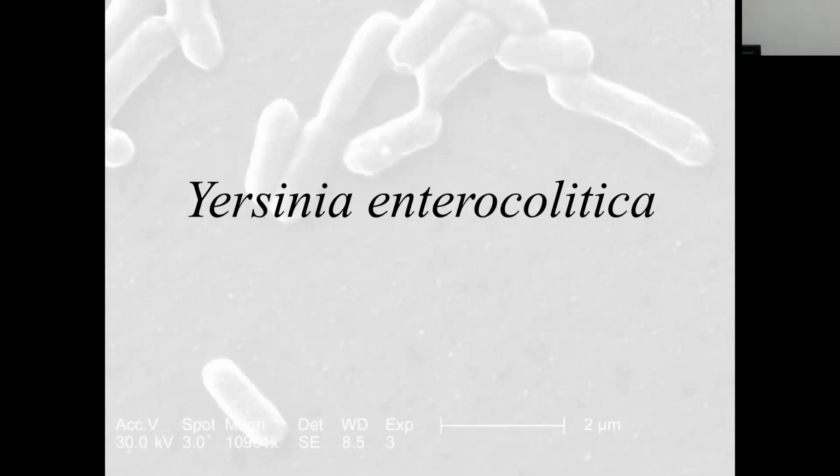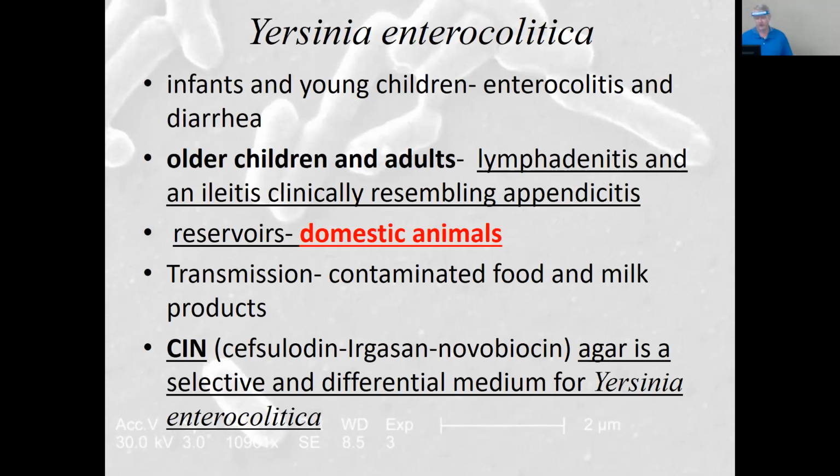Yersinia enterocolitica. When I was doing stools, we always cleared them for Salmonella, Shigella, and Yersinia. That was our three. They took Yersinia off. They said you just have to clear them for Salmonella and Shigella. What is Yersinia? Infants and young children get enterocolitis and diarrhea.